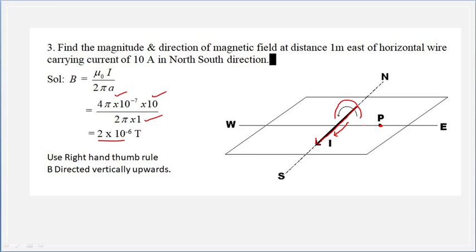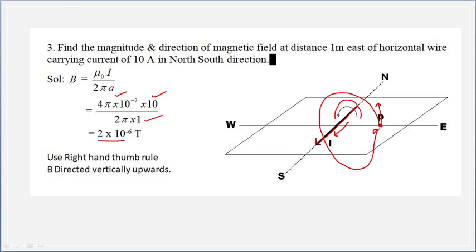So from here it is coming above that plane and going inside the plane. That means the fingers will curl this way. That means it is coming out of this plane. I'm saying this plane, this plane is horizontal. So it is coming perpendicular out of this plane.